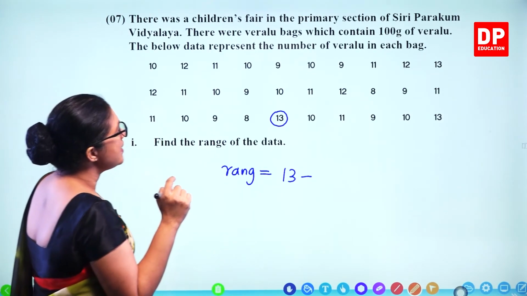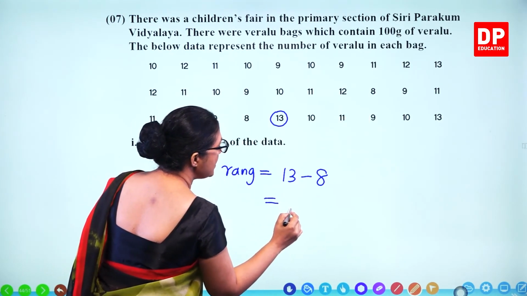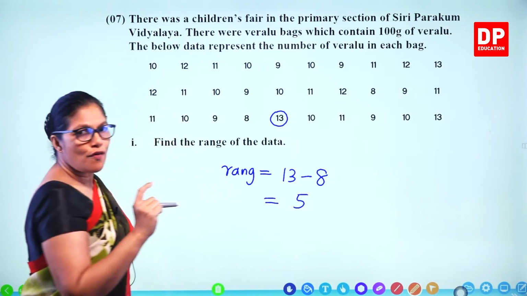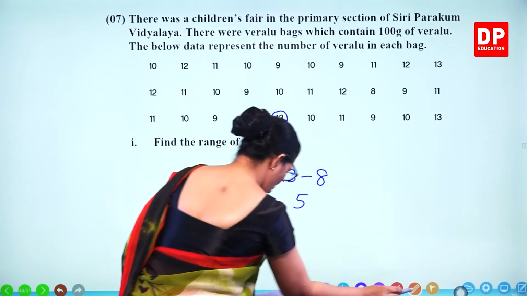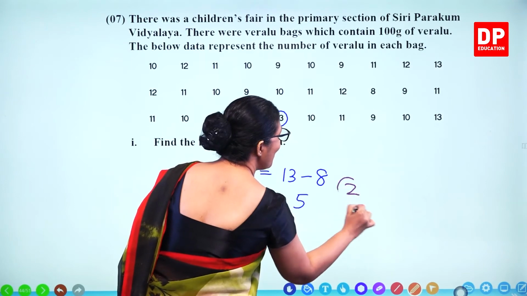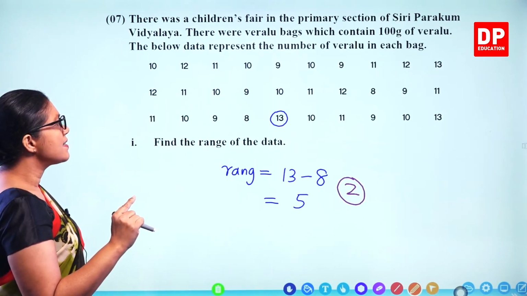Minimum is 8. 13 minus 8, 5. So the range of the data set is 5. So how many marks for that? Just, I think, 1 mark. You are getting 2 marks for that, identifying the maximum and the minimum and taking the subtraction.